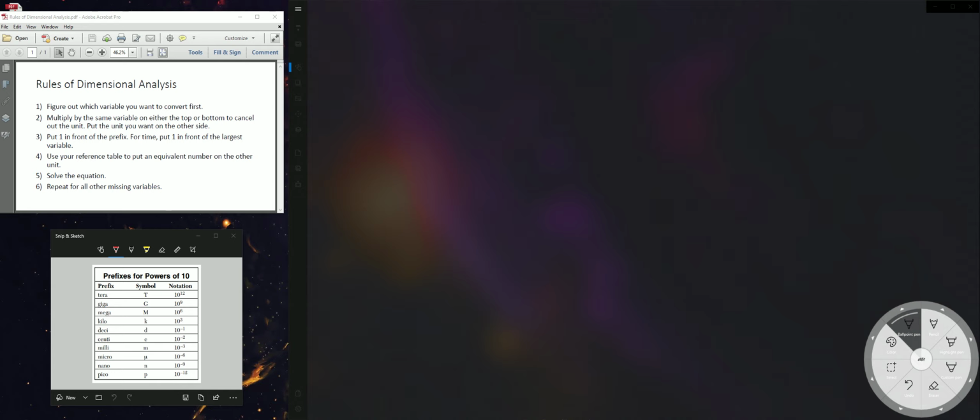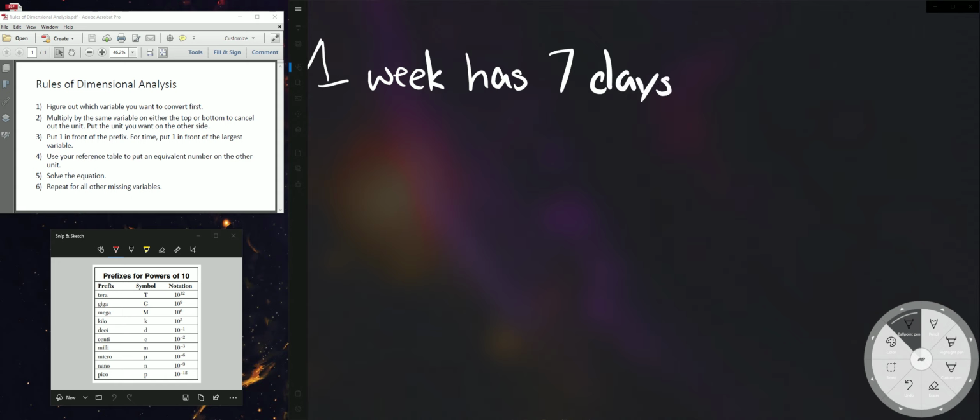Now moving on, let's do number 2. It says how many seconds are in 1 week? Well, this one you can kind of do in your head. 1 week has how many days? 1 week has 7 days. So you're just going to do 1 times 7.